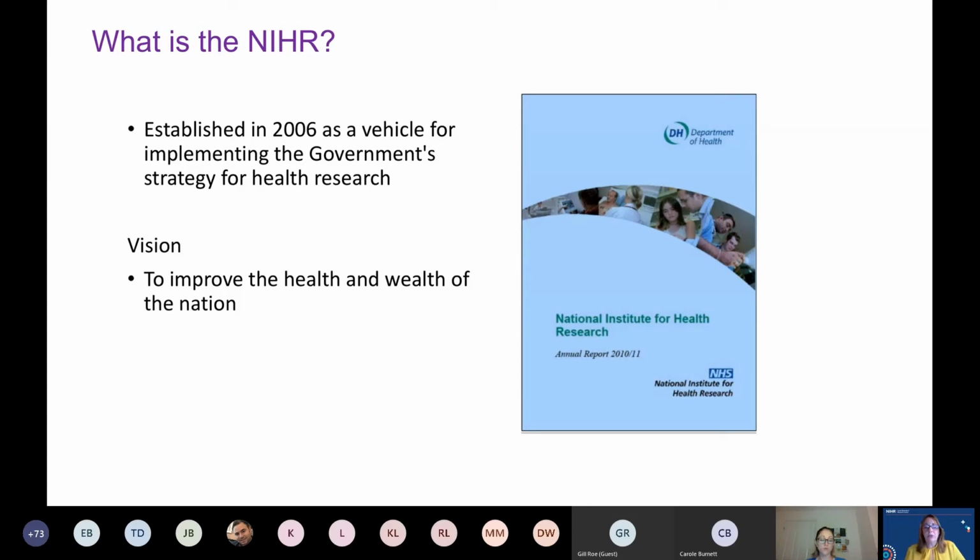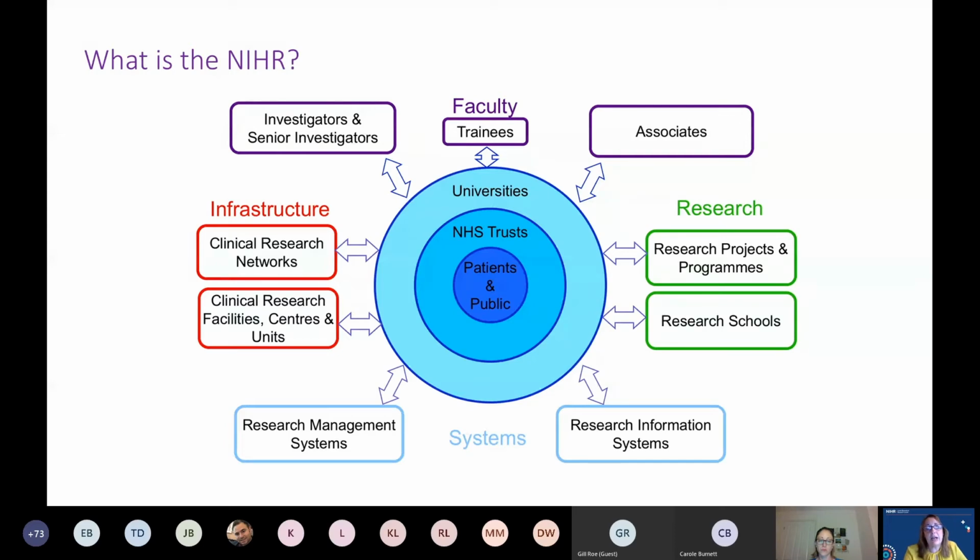So it's being taken away from the frontline NHS services, and the whole vision is to improve the health and the wealth of the nation. So if you're thinking about that, if you want the NIHR to fund something, it better be good, and it better be important to the NHS and important to patients. And so in 2006, the National Institute for Health Research was born.